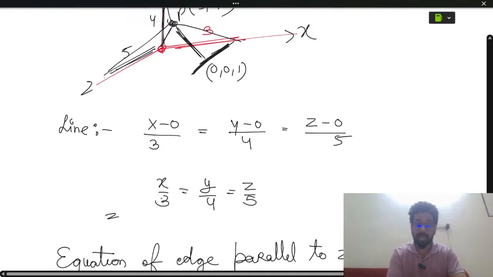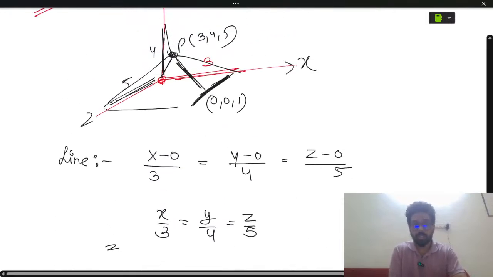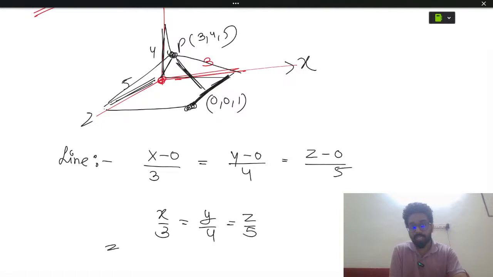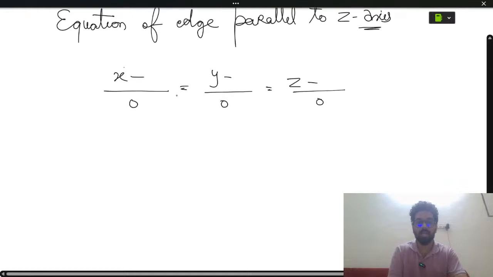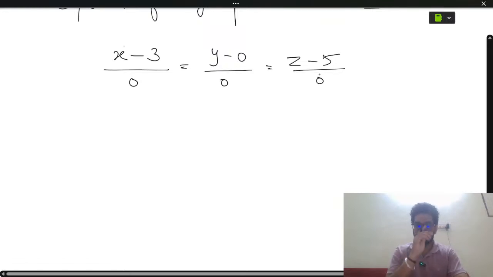Now, where it is passing through, you have to understand. If I want to reach over here, I have to move 3 along x and 5 along z, so 0 distance along y. So this is 3, this is 0, this is 5. My bad, the denominator for z is 1.